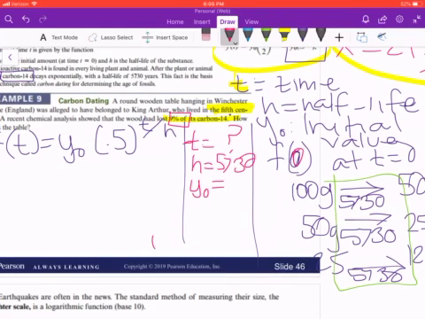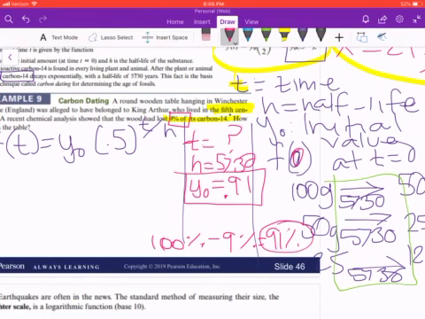So let's assume that you have 100% of carbon-14 at some point. So if the table was found to have lost 9%, it will be 100 minus 9, and that will equal 91%. So if we turn that percentage into a decimal, it will be 0.91. So that is all we need.